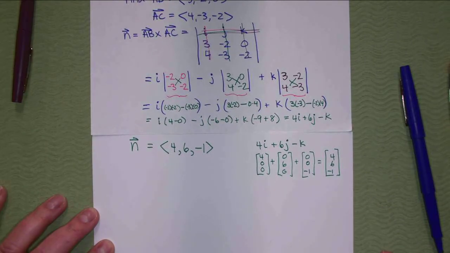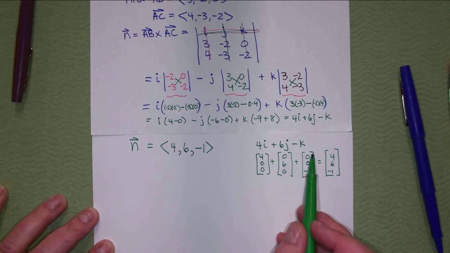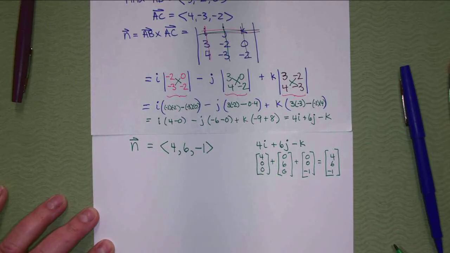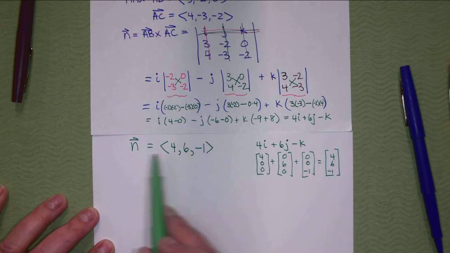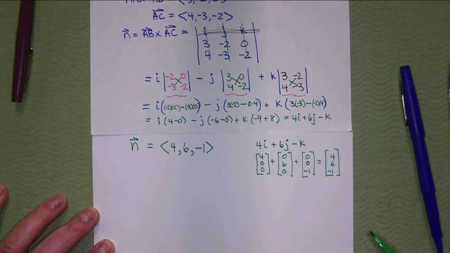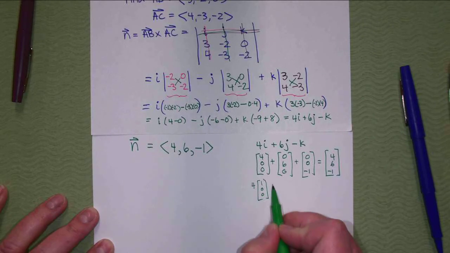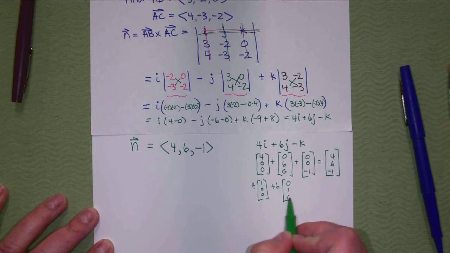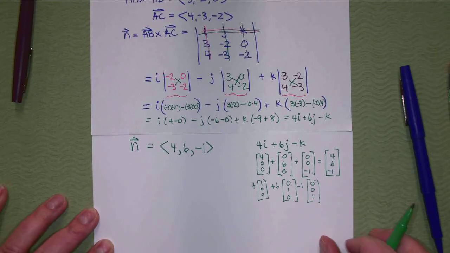Just the IJK was 1, 0, 0, 0, 1, 0, and 0, 0, 1. So you don't need to do this. You can just take the numbers that are in front of each of them, and that makes your vector. So you don't need to, but that's where it comes from. Going backwards. Okay, so what next?